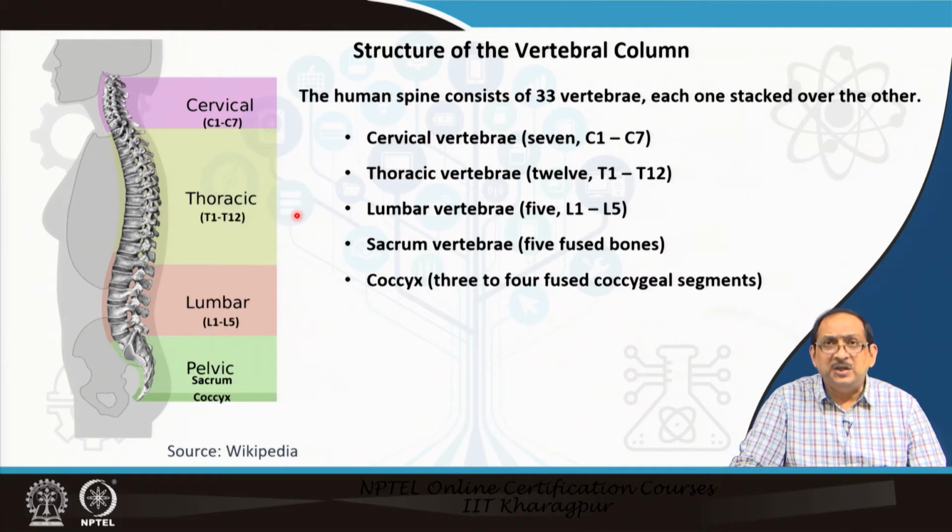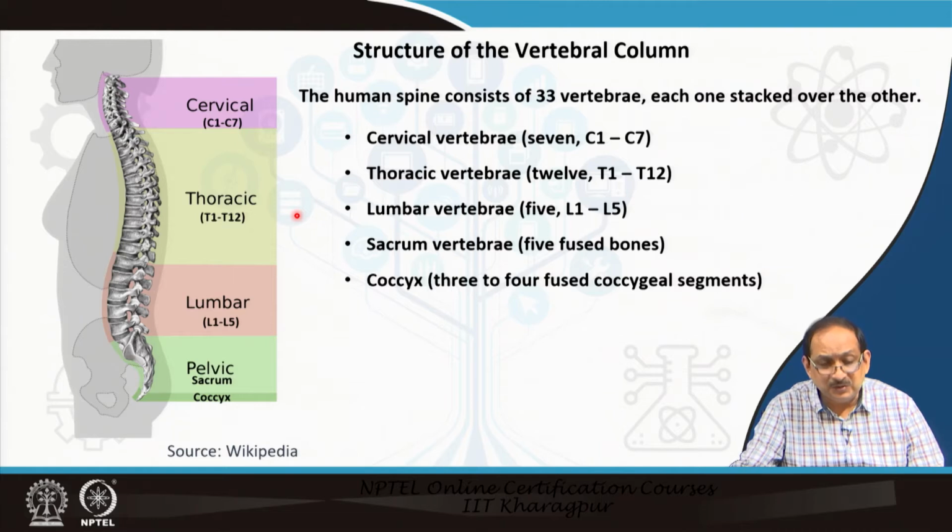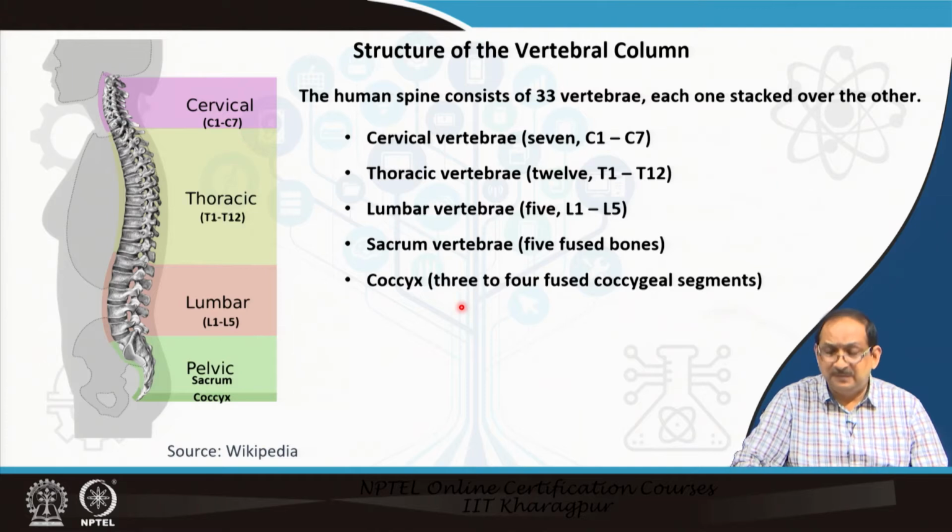They are numbered T1 to T12. The lumbar spine section consists of 5 vertebra from L1 to L5. The sacrum section has 5 fused bones, that is towards the end of the spine, and finally the coccyx, which contains 3 to 4 fused coccygeal segments.